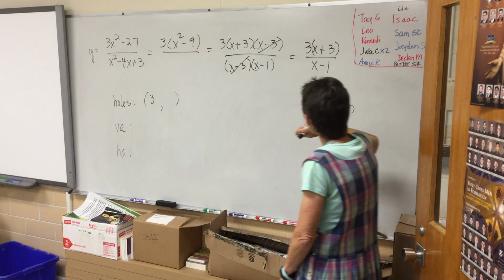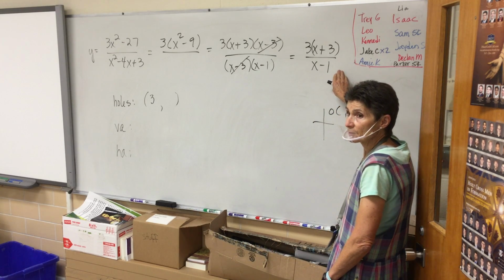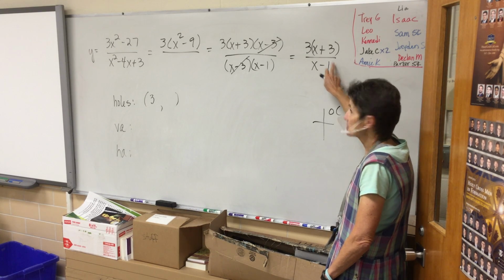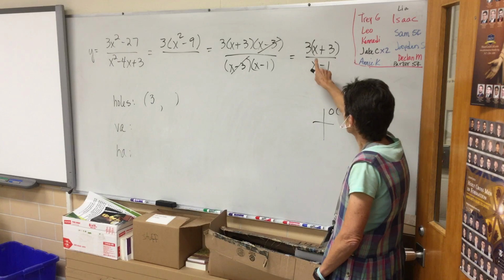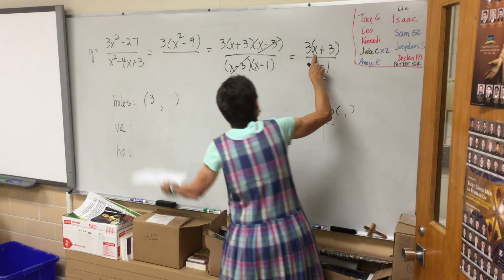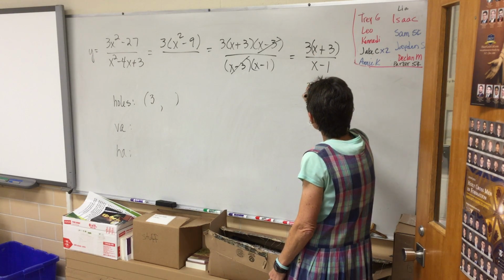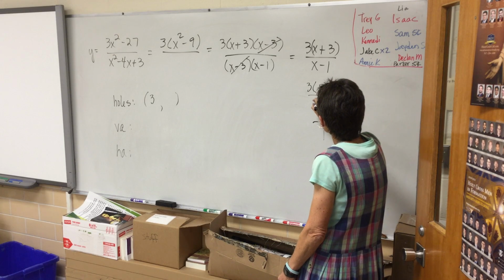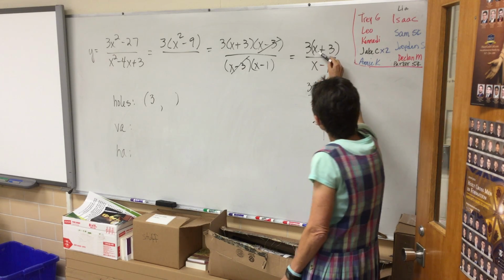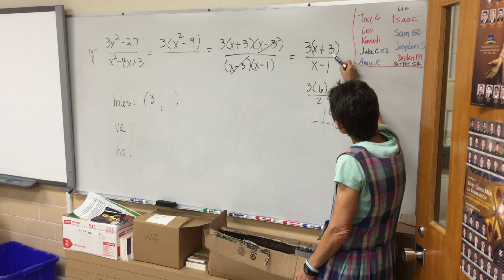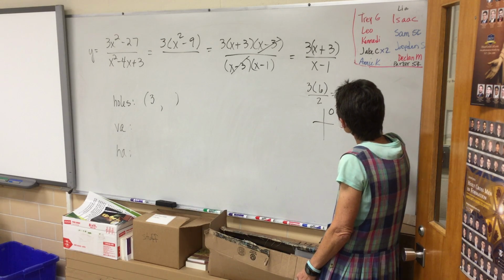How do we find the y? Do you remember? No, we come right over here. This is our new problem, right? And we put in 3 for x. That's the x coordinate. Put it in. So we have 3 times 6 over 2. If I put in 3 here and 3 here, 3 plus 3 is 6. That's 18 over 2, that's 9.